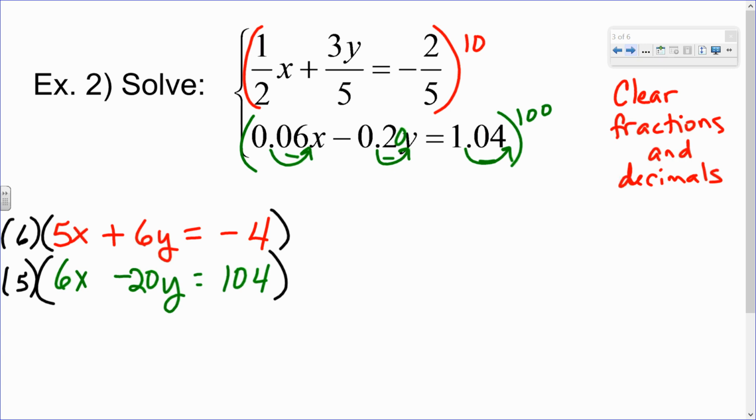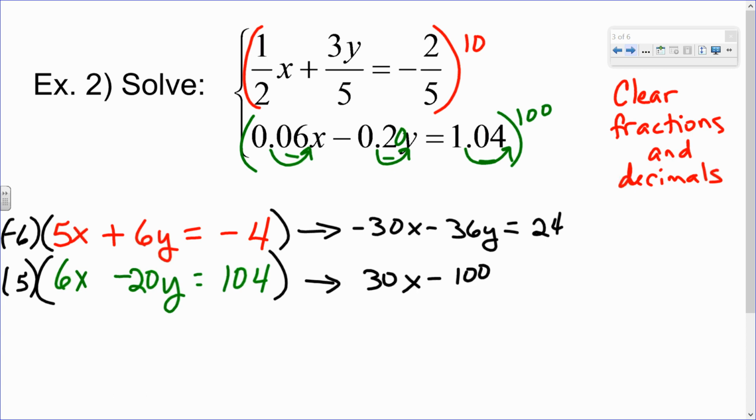So I'm going to pick the top one and multiply by a negative 6 and the bottom one by a positive 5. So I'll get plus and minus 30x that will cancel out. If I do that, I have negative 30x minus 36y equals positive 24, and 30x minus 100y equals 520.